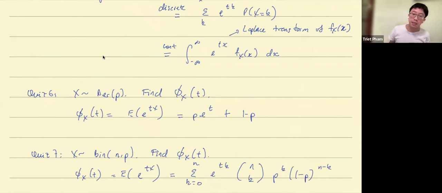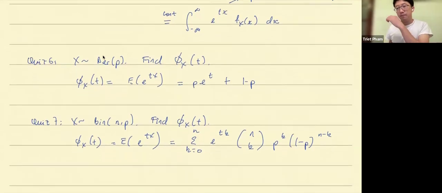Well, what is it? How do we compute this sum? We compute this sum by trying to utilize the binomial formula somehow.